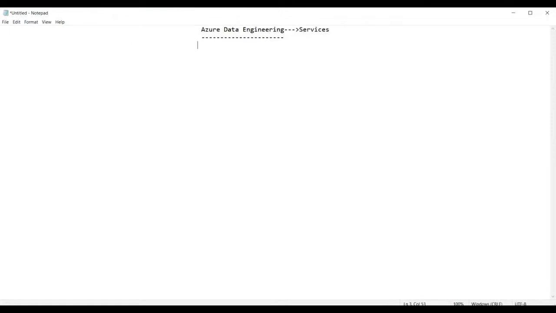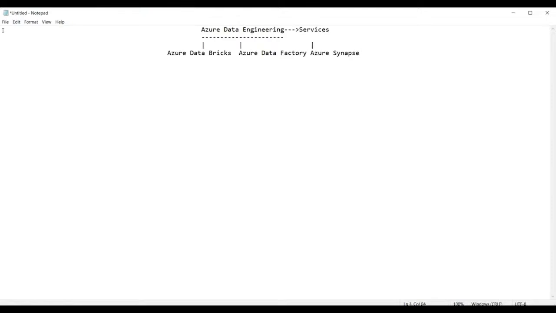Let us see what the first one is. We have the first one here as Azure Databricks. Then we have Azure Data Factory. Apart from this, we have the next service called Azure Synapse.